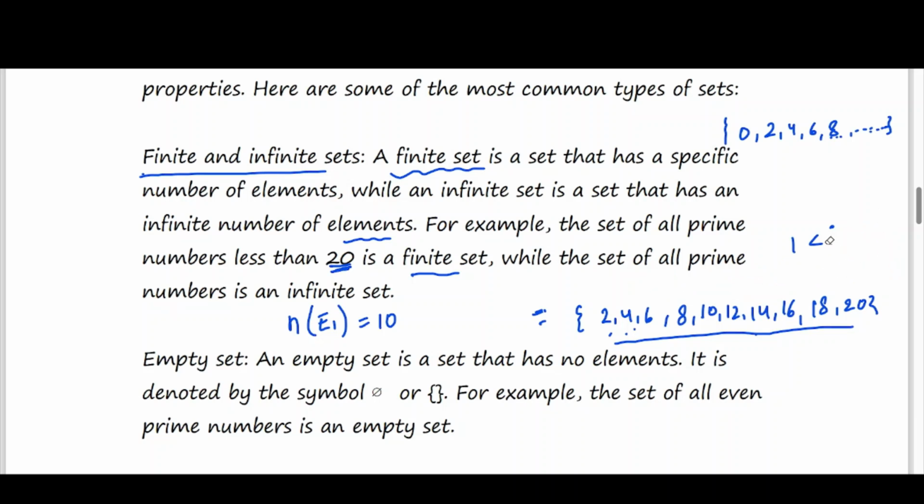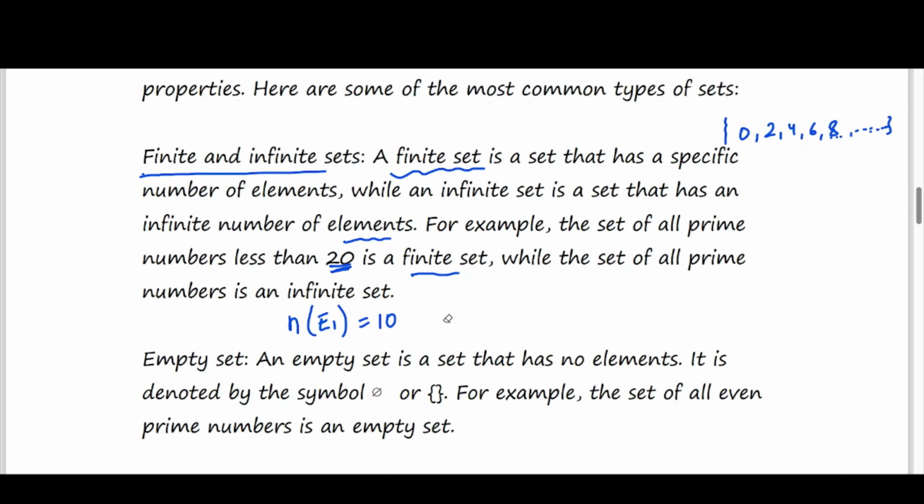And if we can count the number of elements in the set, that is finite. So the difference is: those sets whose elements we can count, which are finite in number, are finite sets.